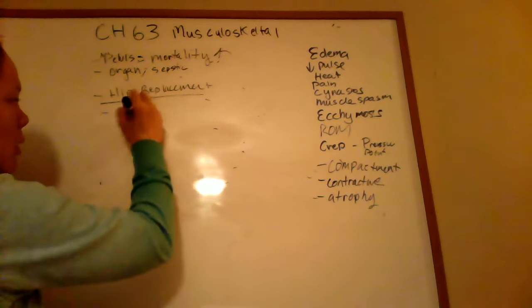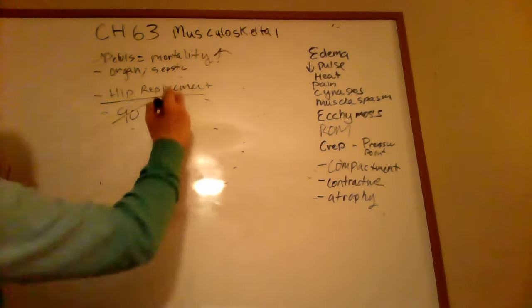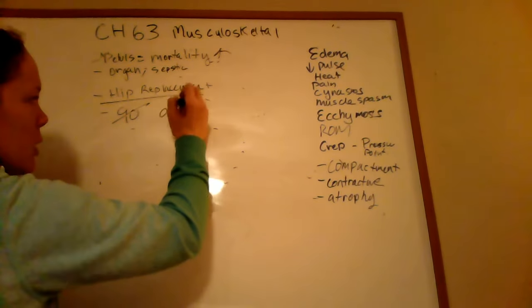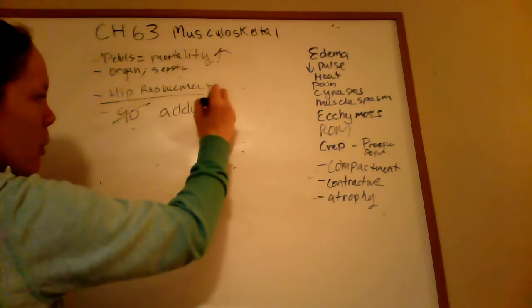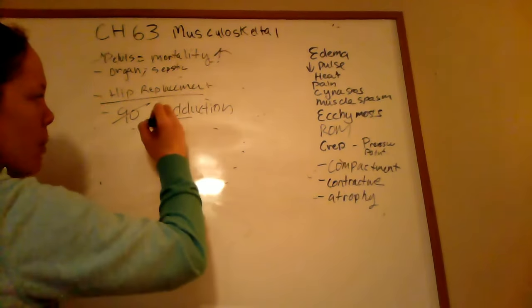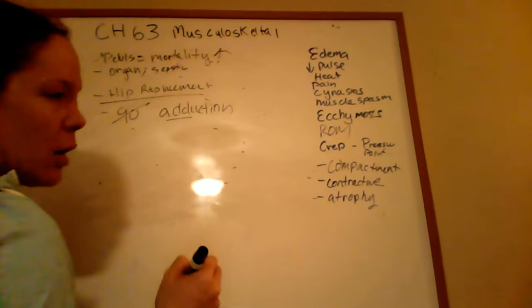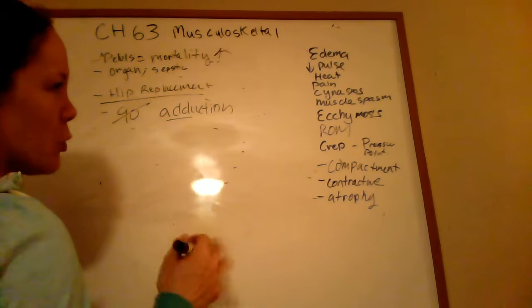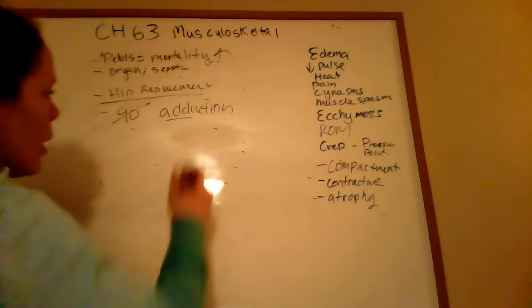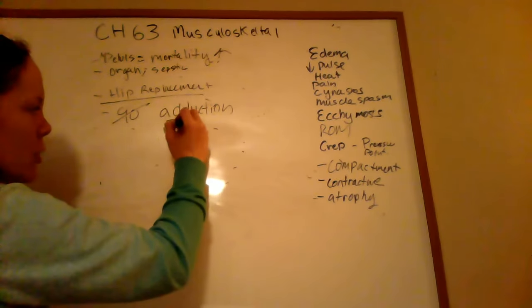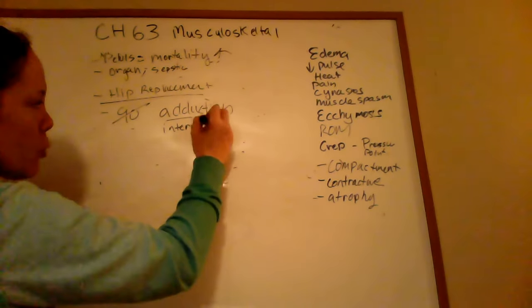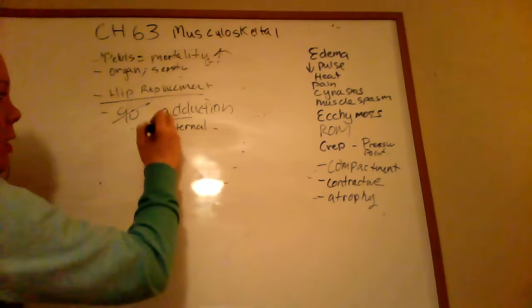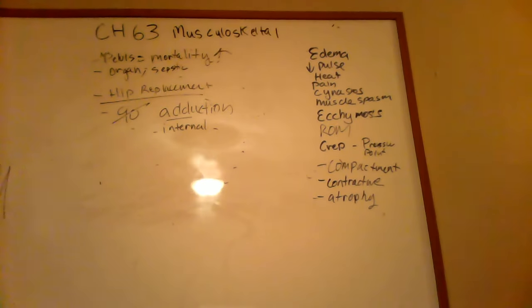So 90 degrees is a no. Forceful adduction, which is coming towards our body, and abduction, going out. But adduction and internal rotation, so rotating the limb, crossing the legs. Again, you don't want the hip to pop out.